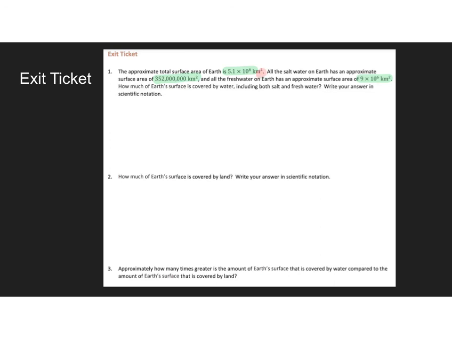You're going to take this number, which is the total surface area of Earth, 5.1 times 10 to the 8th, and you're going to subtract these two numbers, but you have to add them together first. 352,000,000 plus 9 times 10 to the 6th.